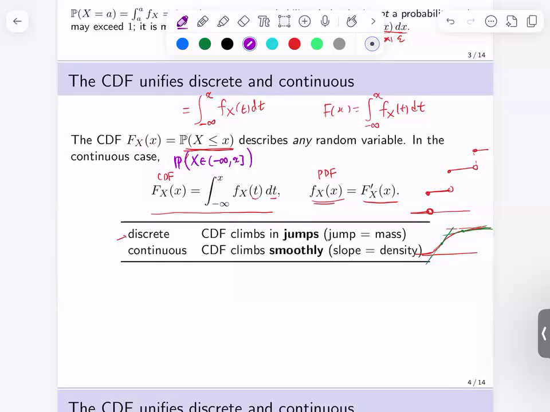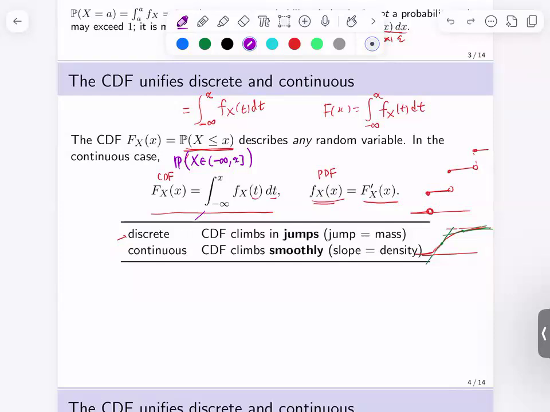This makes sense in the continuous case because this is a macroscopic interval. To compute the probability based on the PDF, we integrate the density from negative infinity to x. Here t is a dummy variable, so it can be anything. The key is that I integrate up to x from negative infinity. This is the relation between the CDF of a continuous random variable and its PDF.